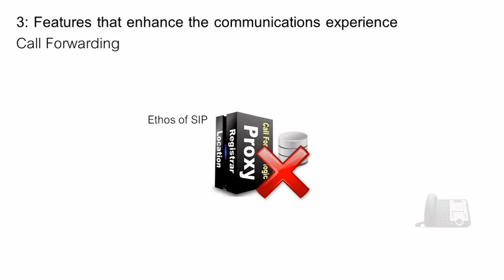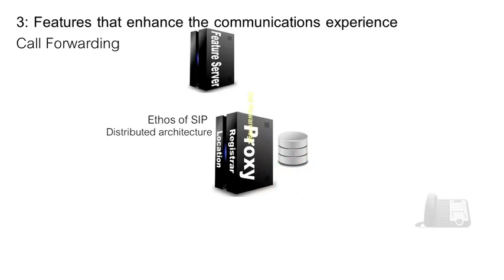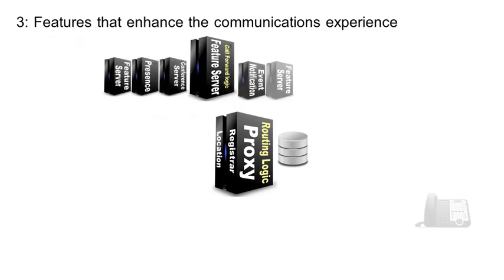Rather than having everything in one product and perhaps mandate a dependency on the product vendor, SIP prefers a more distributed architecture. Move the application logic out to a separate device and add just some simple routing rules to the proxy. That way we can add in as many feature servers, applications as we like, each with their own special capabilities, each performing some special task.